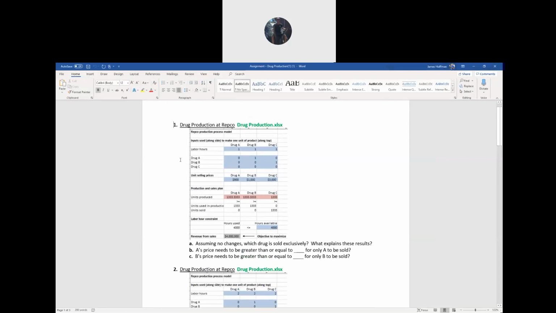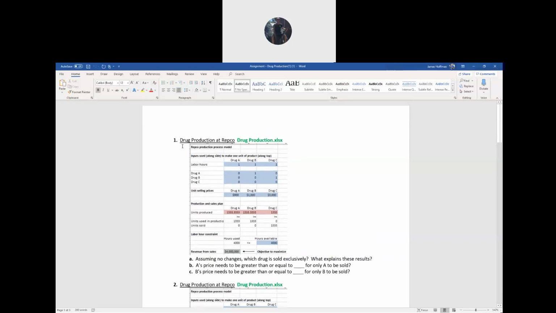Okay, so it's a little bit different. It's basically a bunch of problems associated with the last assignment we did, the REPCO one, example 4.5, I think. We did a practice problem right before spring break, but this one will give us more practice on this type of exam question that's going to be coming up in a few weeks, or more than a few weeks. But there's no Excel file here.